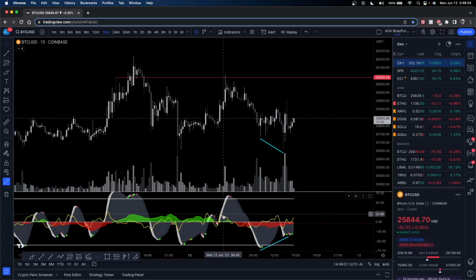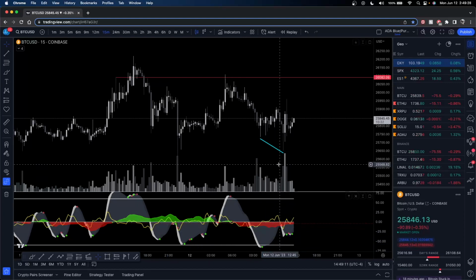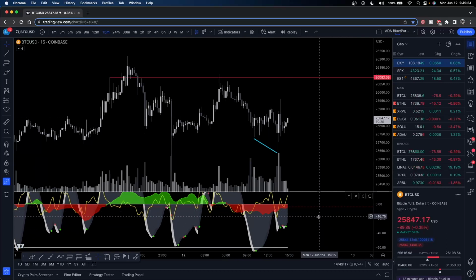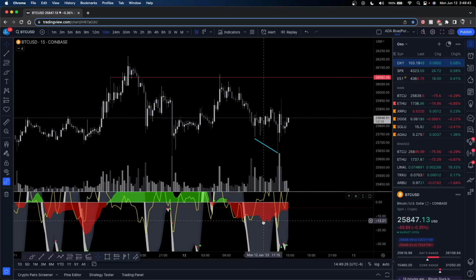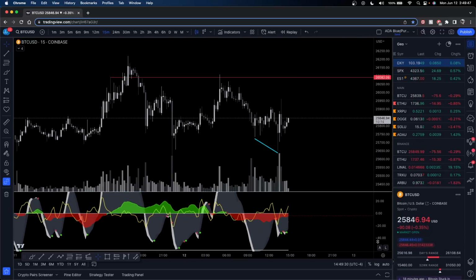So because your money flow moves slower than your momentum waves and your VWAP, you don't actually need to catch the exact top and bottom of the money flow when you're drawing it out. So you just want to be looking at the wave as a whole, okay? We can clearly see that the wave was thicker here than it was here, yet price has still come down. So that is a divergence.